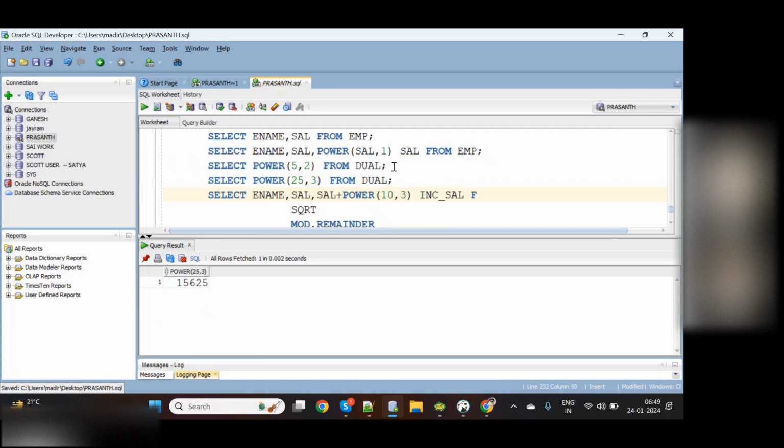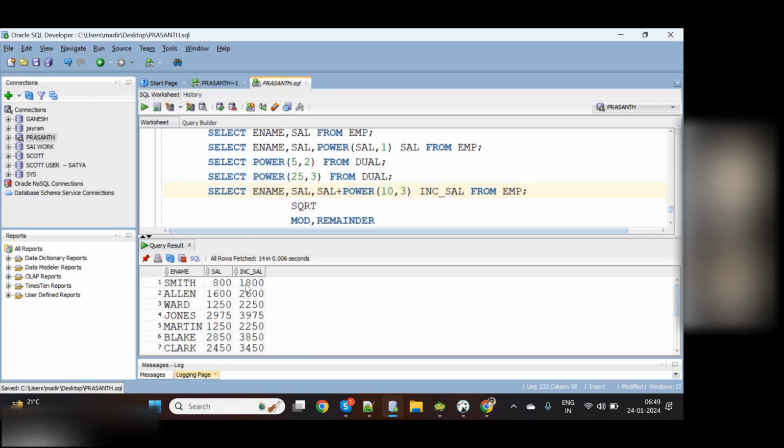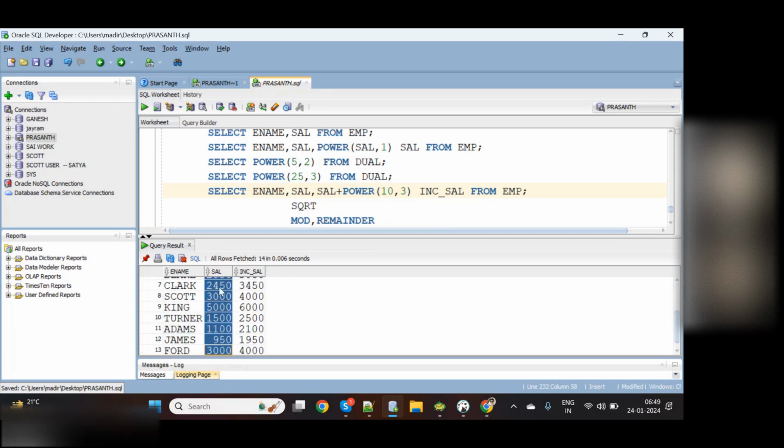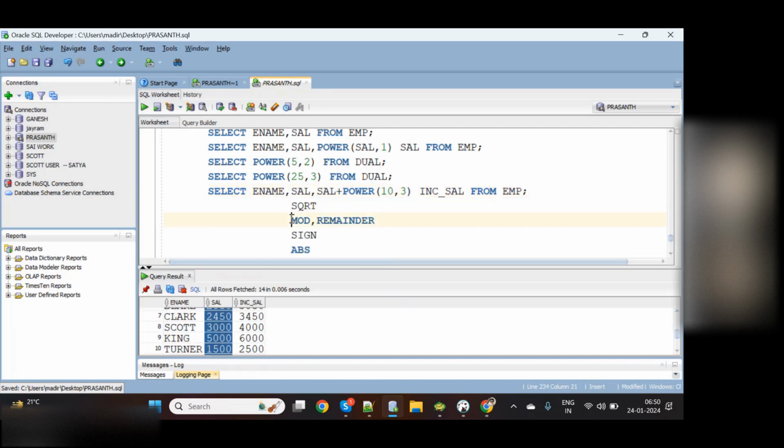Why is 1000 added to every row? Single row means for every row you are getting one value. What is multi-row? For all the rows you will get only a single value, like the sum of all the salaries in a table. That will be a multi-row function.